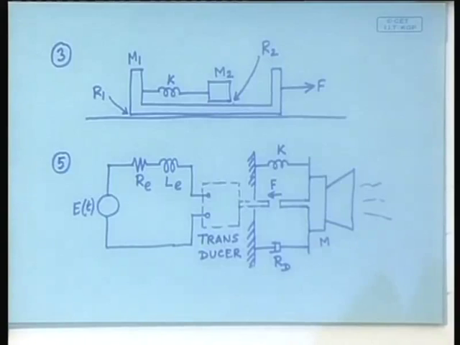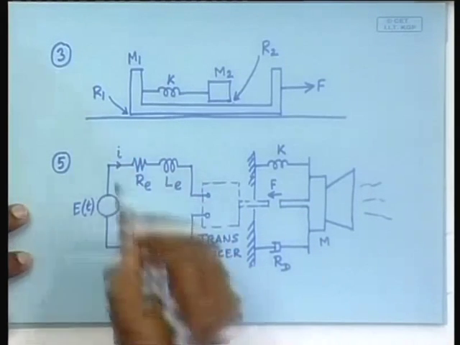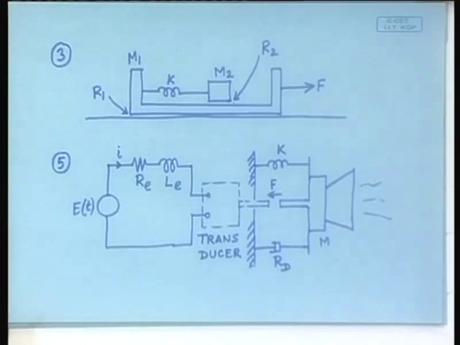Is there anything I am missing? No. And here is a current, there is I flowing. Fine. So, how will you do it?